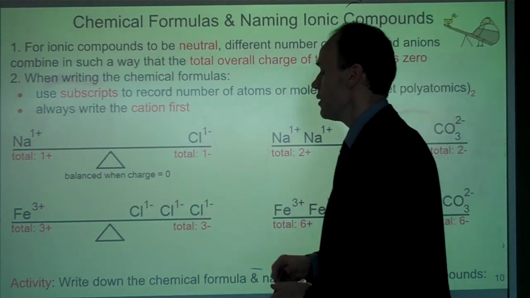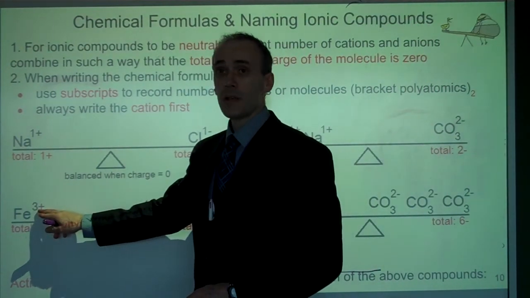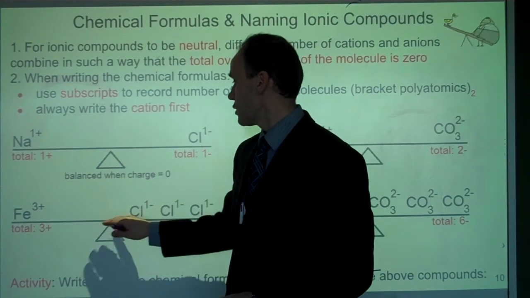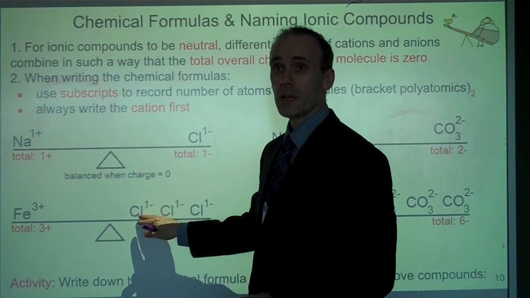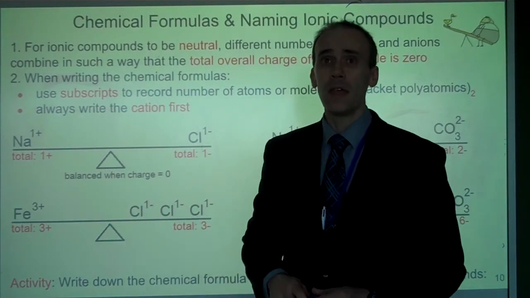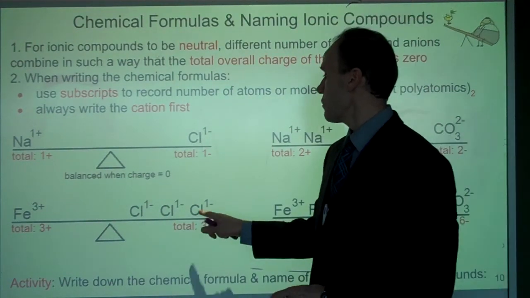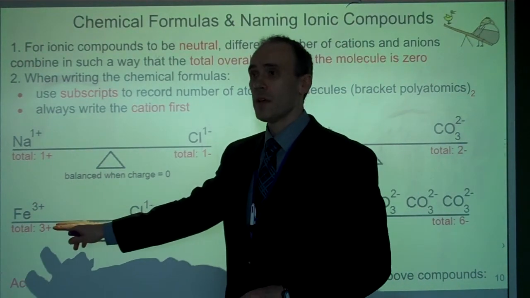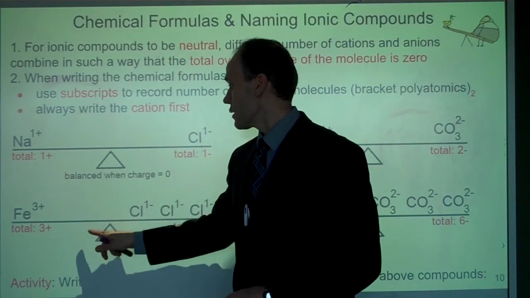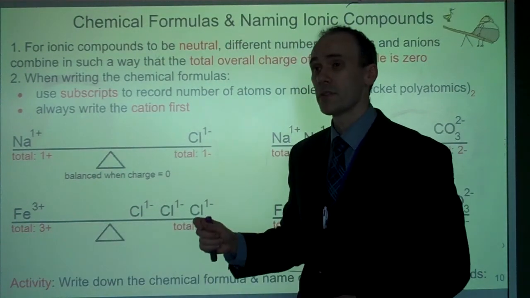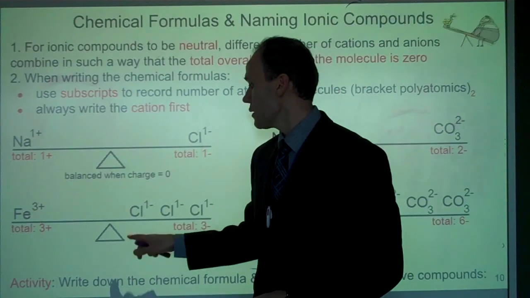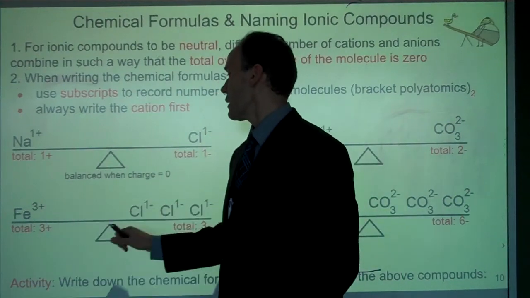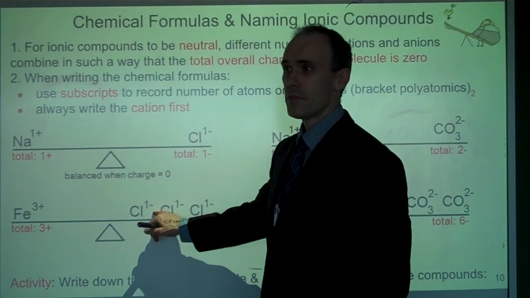Now in our second example, iron will form a 3 plus positive cation, and of course chlorine can only produce a 1 minus negative ion. So in order to become electrically neutral, you need to have 3 chlorine for every 1 iron ion. The overall charge is 3 plus on one side, 3 minus on the other, and you end up with a compound, FeCl3, and the name of that is iron chloride.